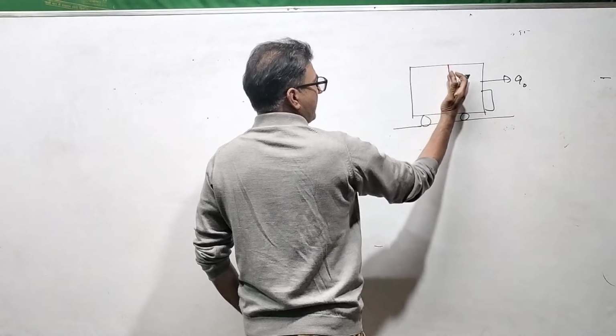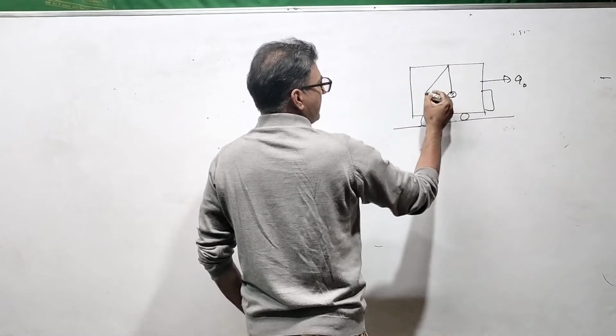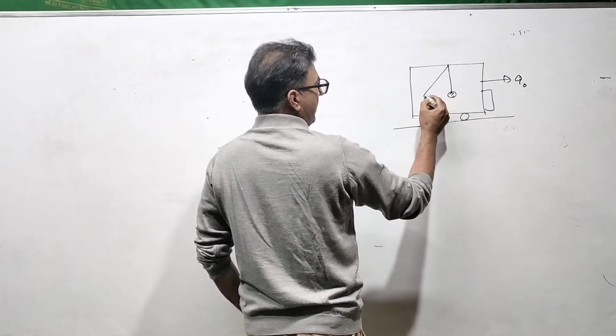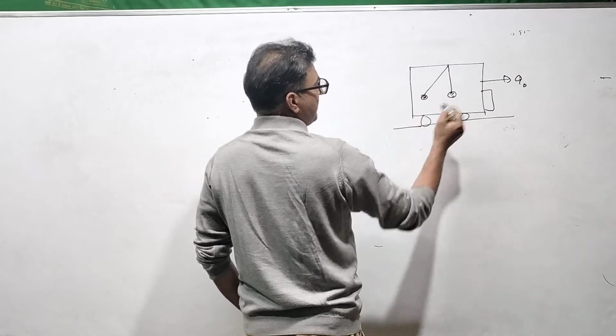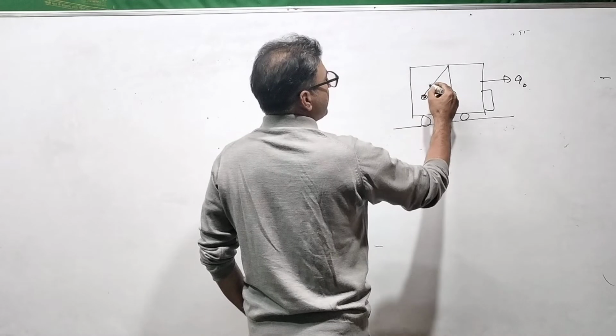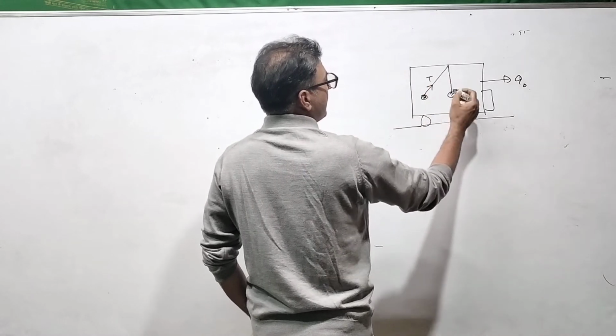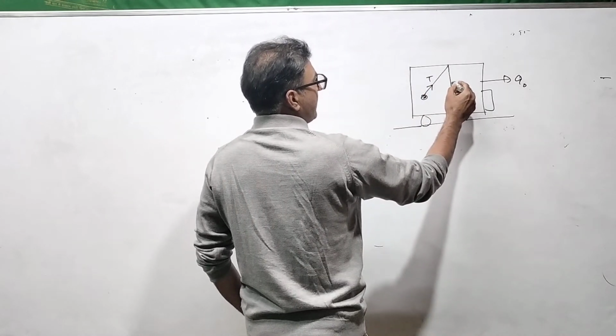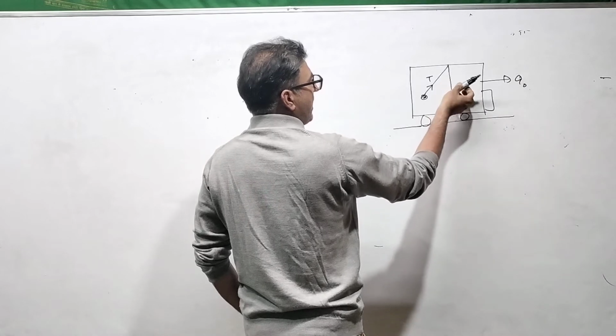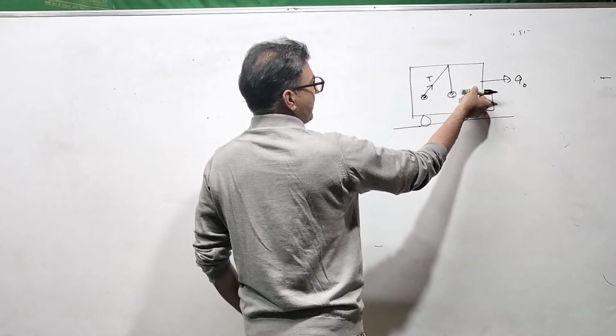Therefore the string will tilt backwards to produce that force, and the tension will now be like this. Initially the tension was vertically upwards, and that tension did not have any component in the x direction.